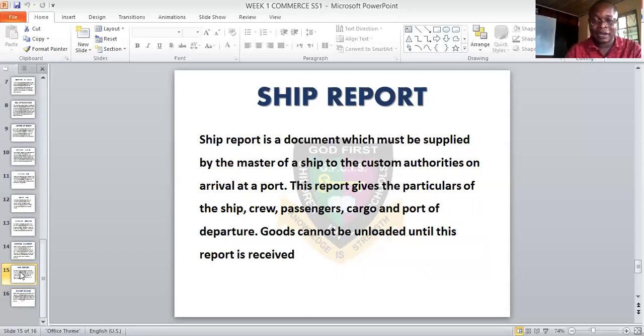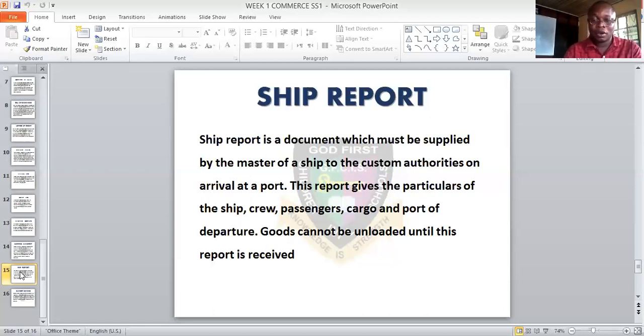This report gives the particulars of the ship, the crew, the passengers, the cargo, and the port of departure. All this needs to be reflected in the ship report.